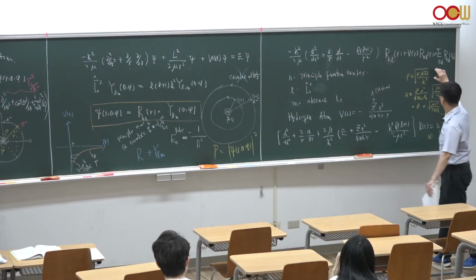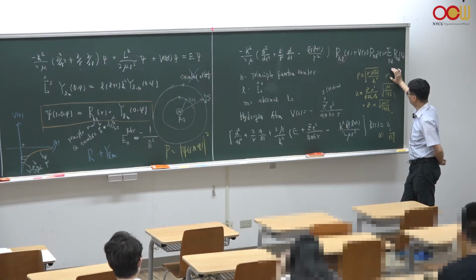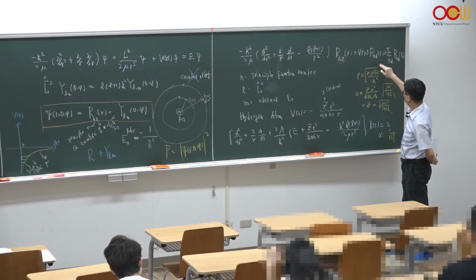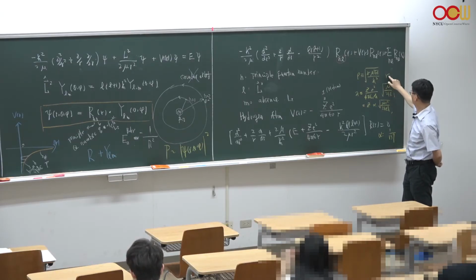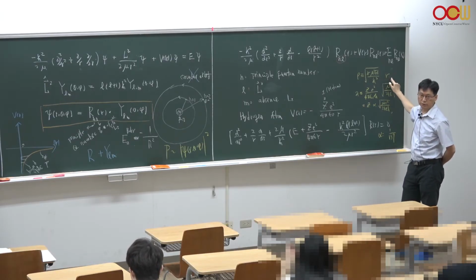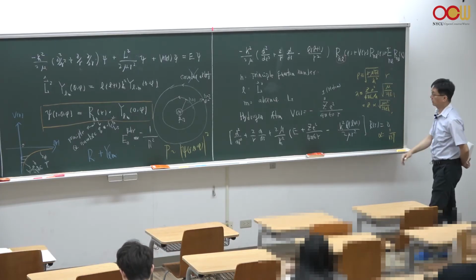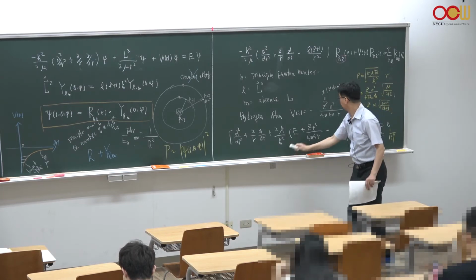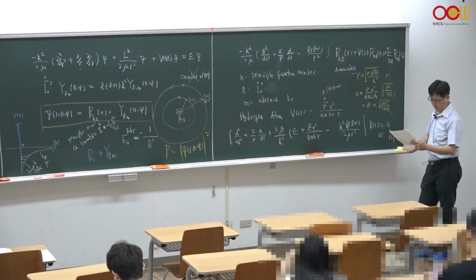But it will be more convenient if we define a dimensionless quantity. You see that the dimension of the square root quantity is precisely 1 over distance, which cancels with the dimension of the distance r in the numerator, so rho is actually dimensionless. It carries no dimensions, no units.